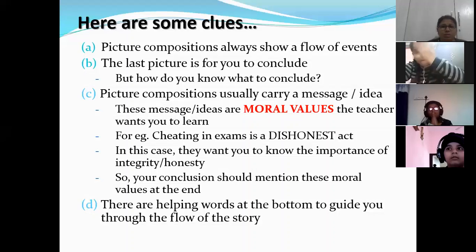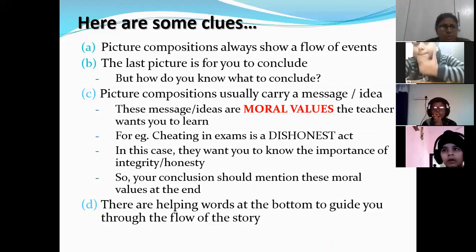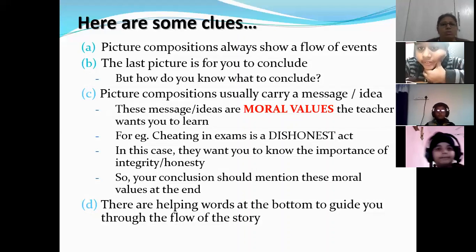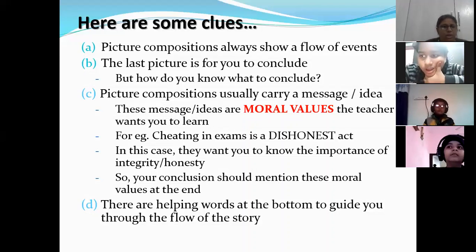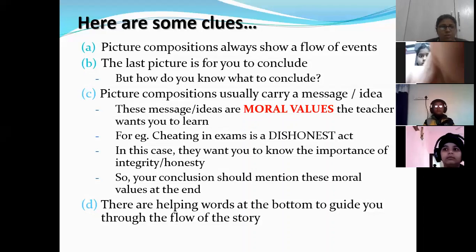Now here are some clues, some points you can use when you are writing a picture composition. The first one is that picture compositions always show a flow of events. If you are writing a composition on a picnic day, you have to start with, today it was raining, the weather was fine.